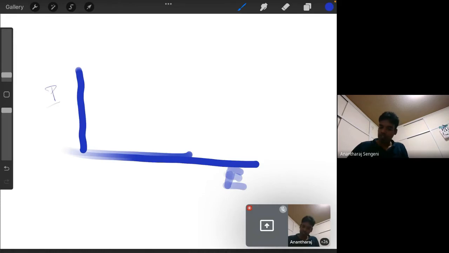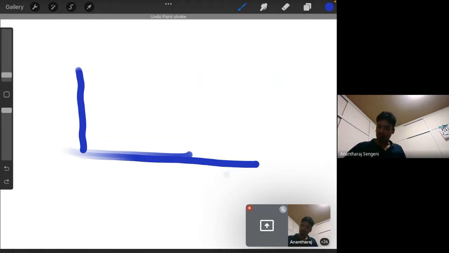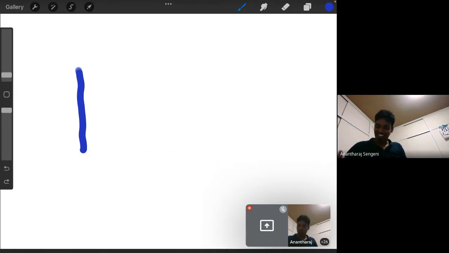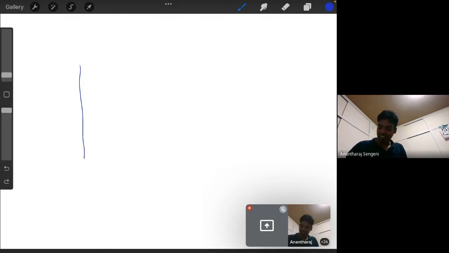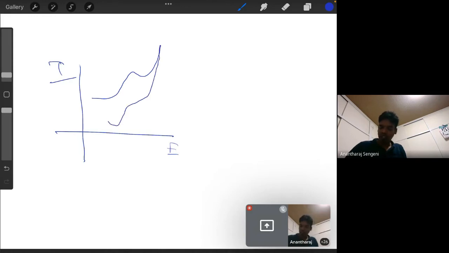Our LSV curve is something like this. So this is the forward scan. Sorry, I'm such a poor artist when it comes to drawing, so I'll just draw it again. This is much better. We have a forward scan which is overlapped with the OER current, but when you come back there will be a clear reduction peak, something like this, right?